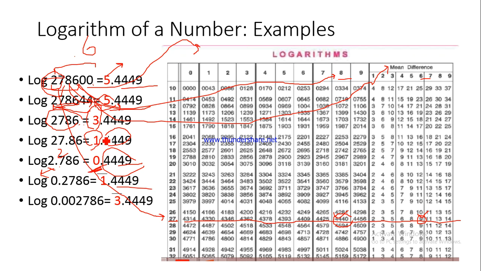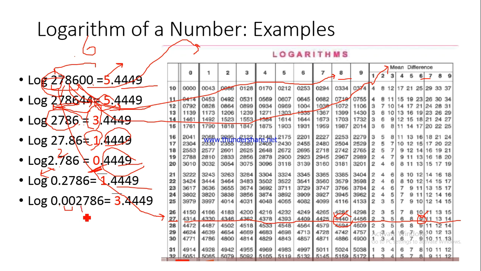Let's have one more example. Now this is less than 1, so the characteristic has got to be negative, and see the bar has been shown here, which shows that the characteristic is negative. And what would be the value of the characteristic? I said the number of zeros between the decimal and the non-zero digit.